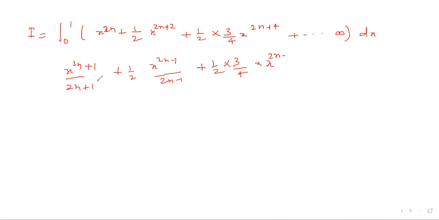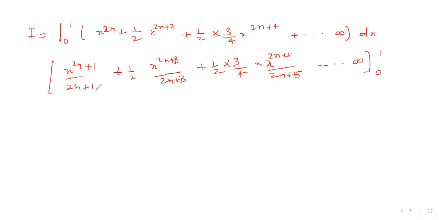So now this will be 2n plus 1. This is already 2n plus 2, so this will become 2n plus 3 upon 2n plus 3. And here 2n plus 4, so one power will increase, so 2n plus 5 divided by 2n plus 5 and so on till infinity. And the limits are 0 to 1.